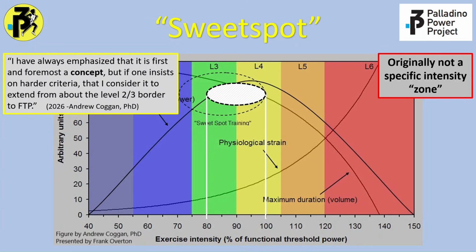But Dr. Coggan has recently said, this is just this year, and he said this many times before, that the intent, the emphasis was that sweet spot is first and foremost a concept. But if one insists on harder criteria, he considers it to extend from about the level 2, level 3 border, or quote unquote their aerobic threshold, up to FTP or FTP-CP, that second phase transition.